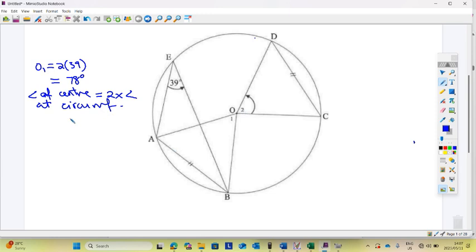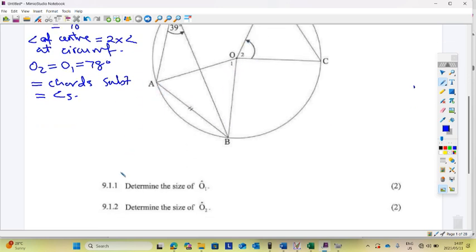Now, we can say that your O2 is equal to your O1, and that is equal to 78 degrees. The reason for that, equal chords subtend equal angles. The two angles are subtended by equal chords there.